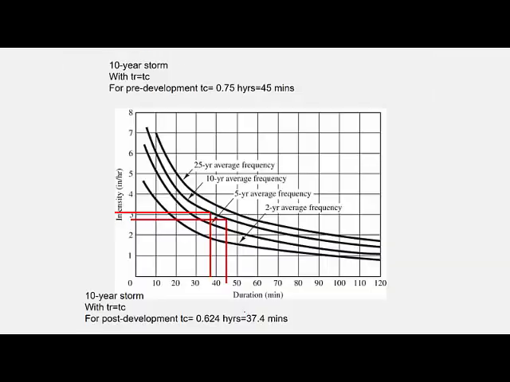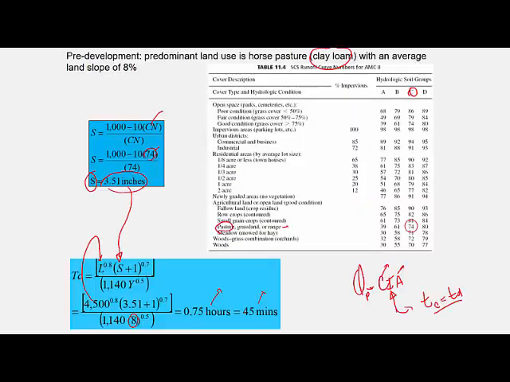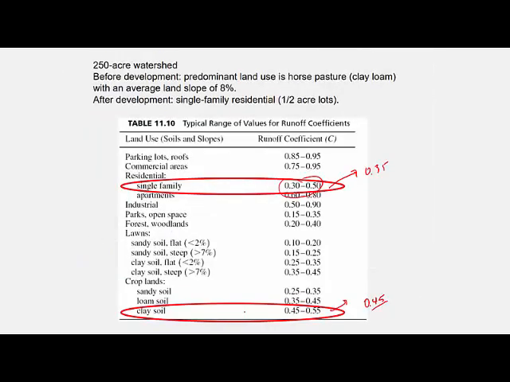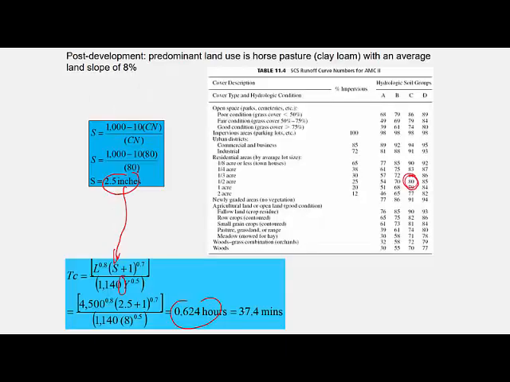Okay, so what we have here is for pre-development, I have a time of concentration of 45 minutes, and then for post-development, I have a time of concentration of 37.4 minutes.